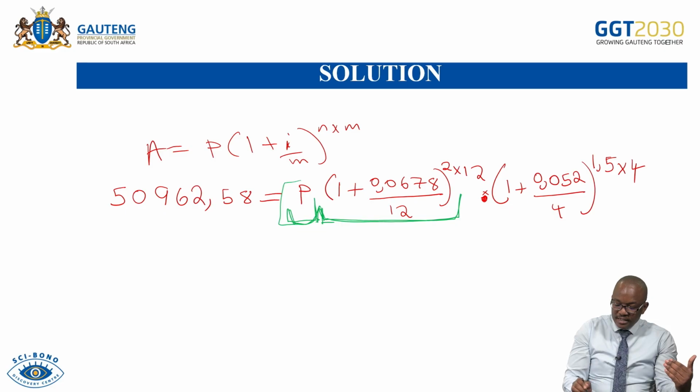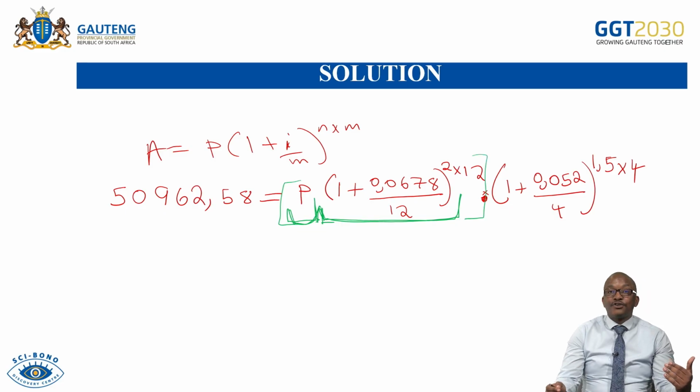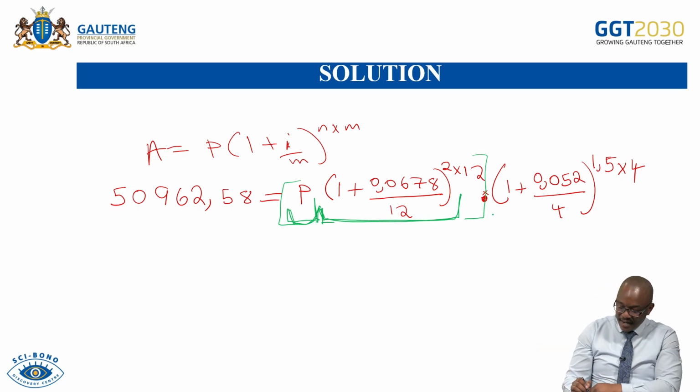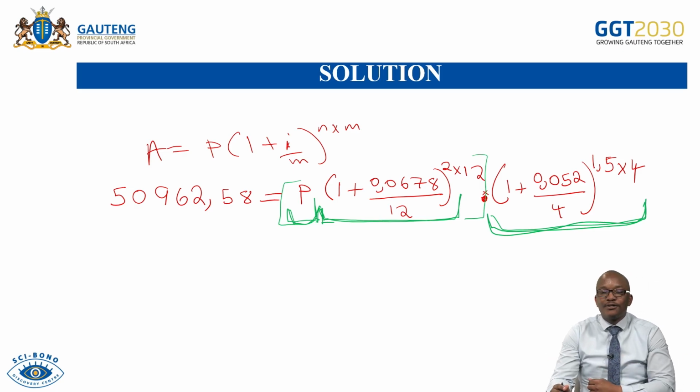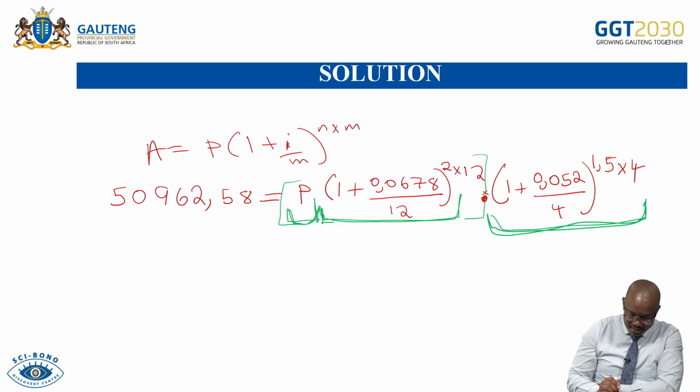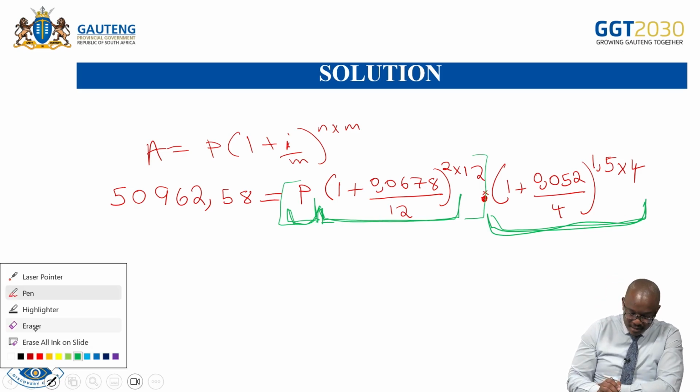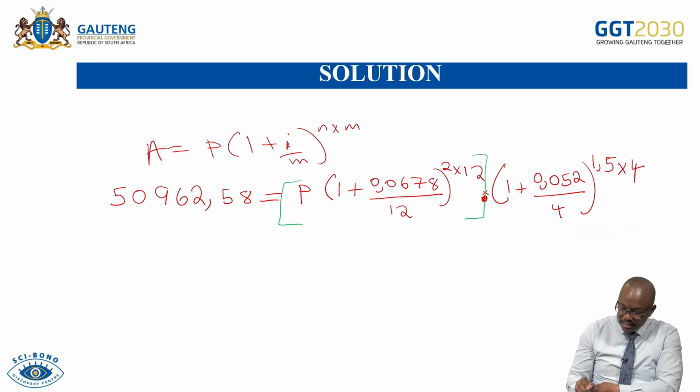So everything here is accumulated for the first 2 years. We still multiply it by the interest of 1.5 years. So I just included everything at once. So that's what I've done there. I hope you understand what happened. So now, what do we do here?